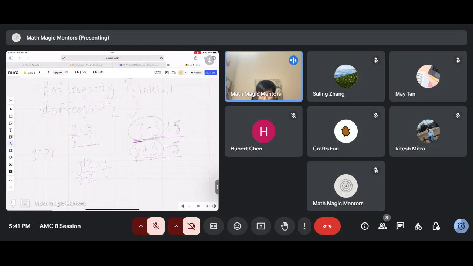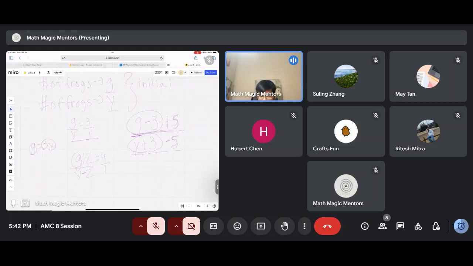Yes, but as you'll see, it's better to use substitution because you already have that a variable is equal to 3y. So you can just substitute g equals 3y for g here and then solve for y. Does that make sense? So you just have a y and then you can easily find g and then work out that final answer, right?